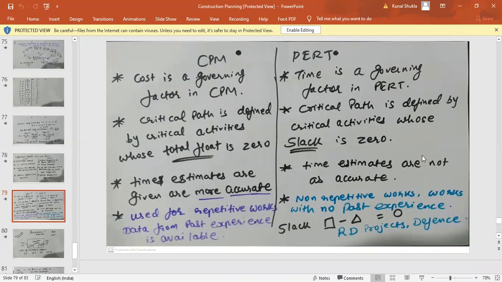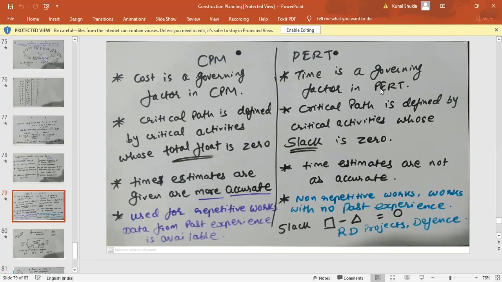So for that what will be required? Money will be required, right? So suppose if I reduce the duration by 2 days, correspondingly whatever the cost that is increasing, that I have to see. Okay, same way corresponding to decrease in 3 days, I have to see the cost. So at a minimum amount of time, what is the minimum increase in the cost that I have to see. Okay, so that is called cost crushing.